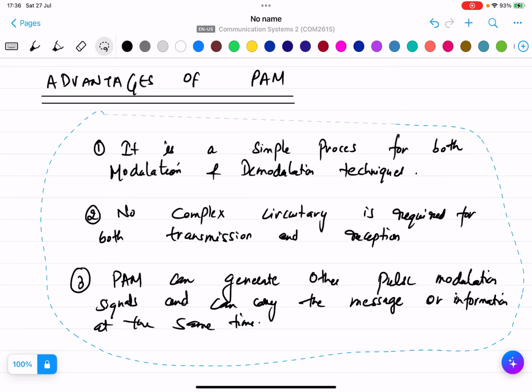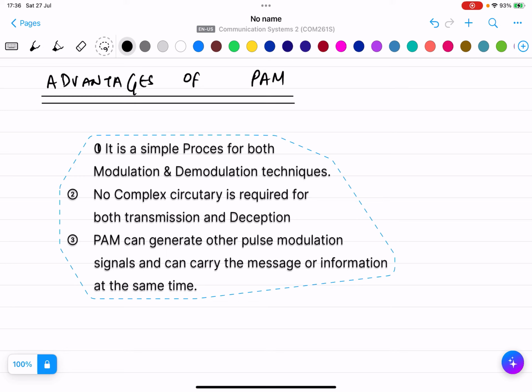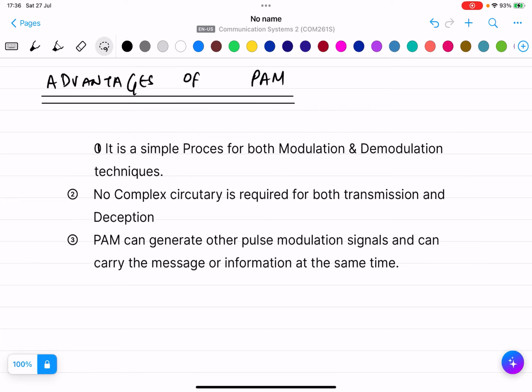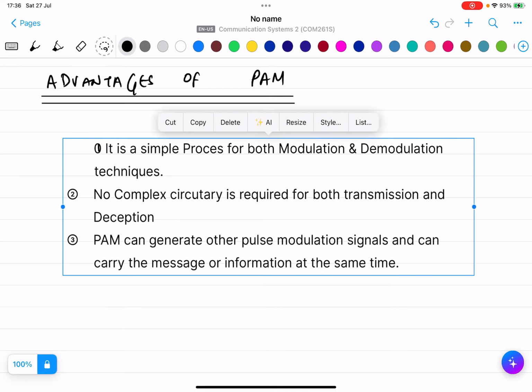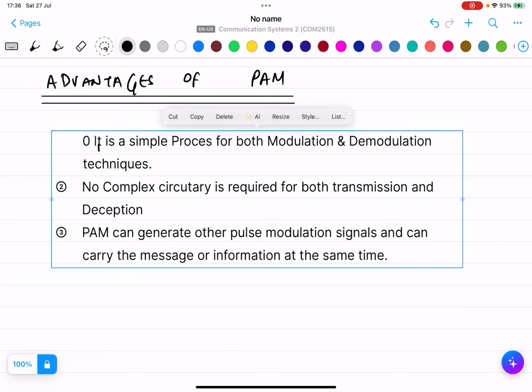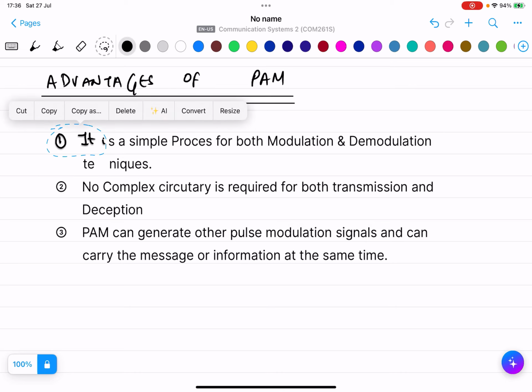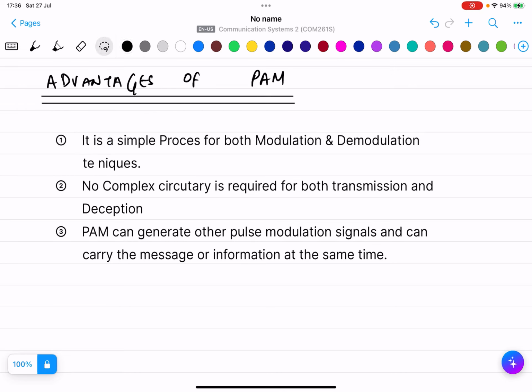You need to remember all the advantages and disadvantages. First one is very simple process. Second is no complex circuitry is required. And third one is PAM can generate other pulse modulation signals and can carry the message or information at the same time. So you need to remember these advantages of PAM. It is a simple process.